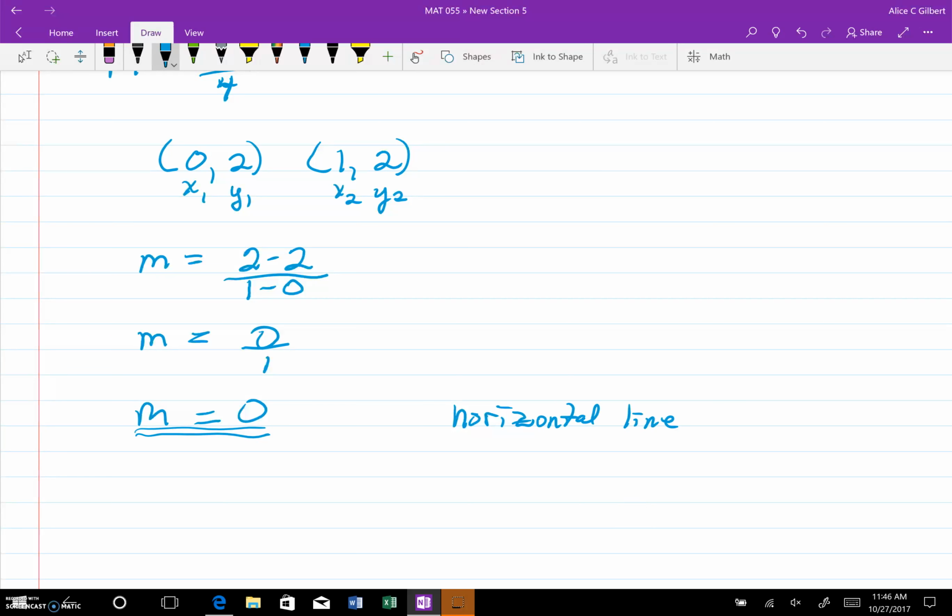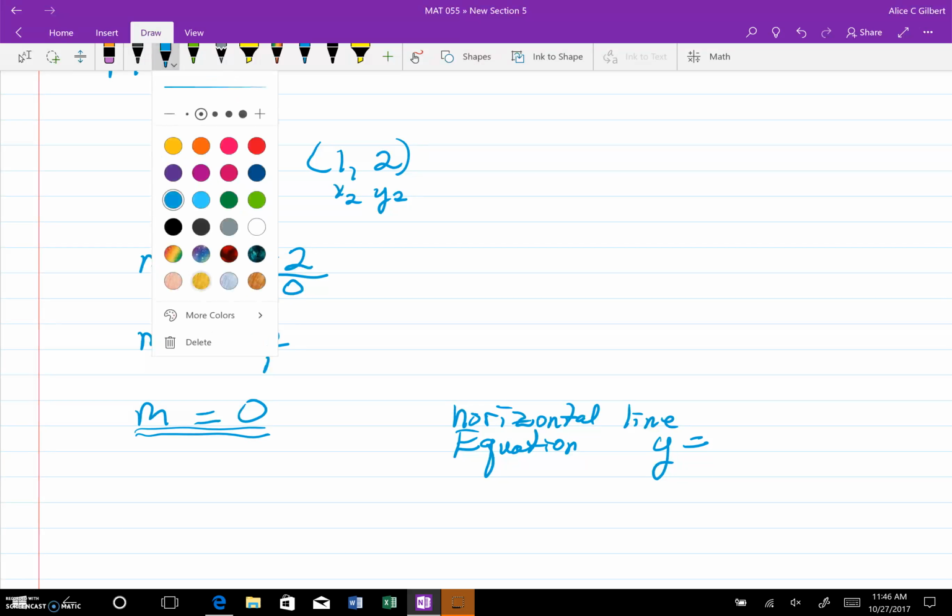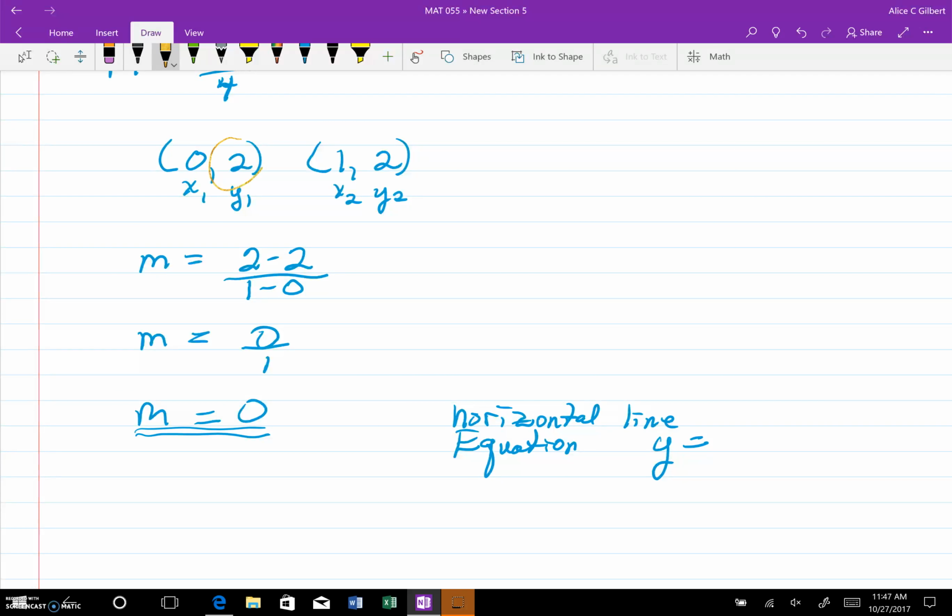And our equation would be y equals some number. Well, in this case, if you notice, our y coordinate in both cases is 2. So y equals 2.